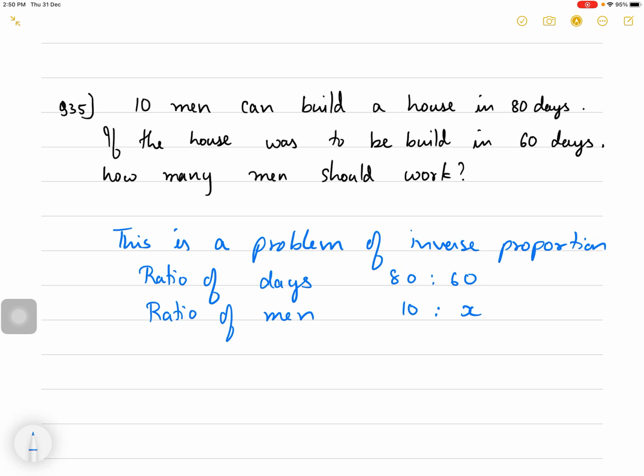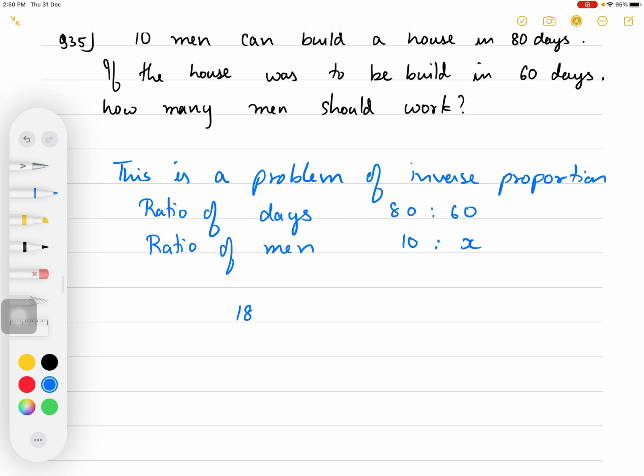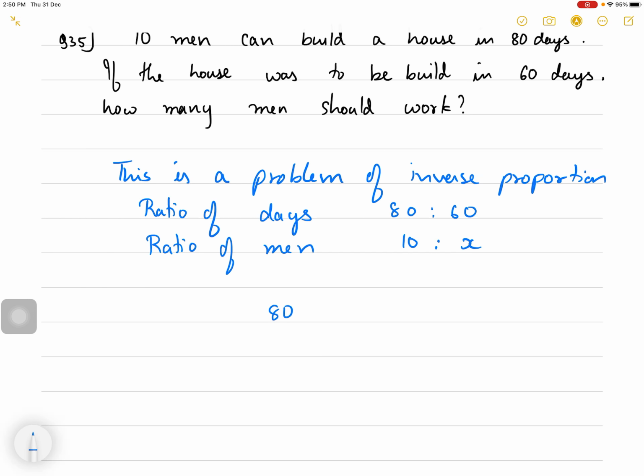So let us assume it to be x. Okay, because this is inverse proportion, this would be 80:60 is equal to x:10, right?